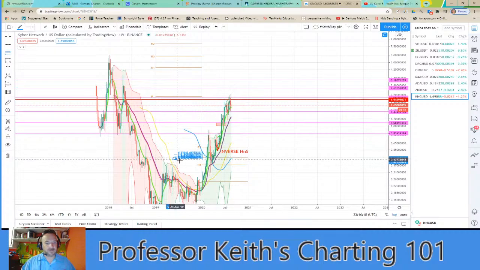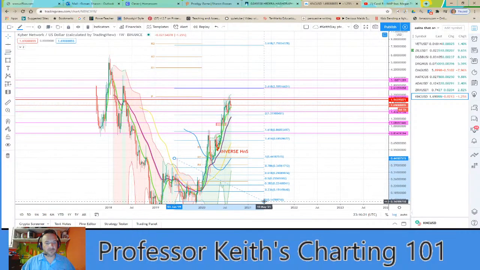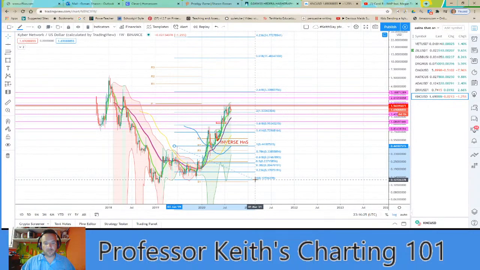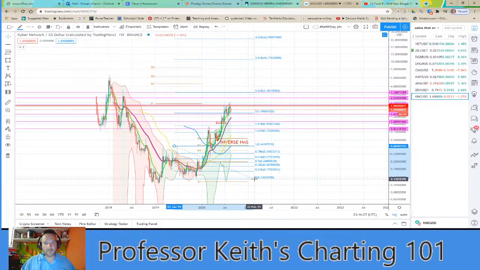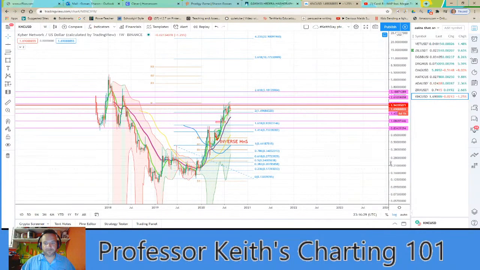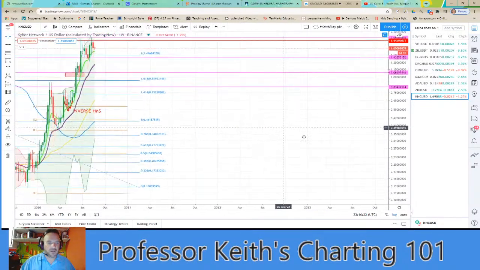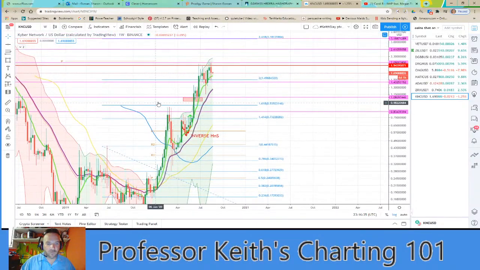Right in this area. Yeah, look, this one actually, I even wrote KNC did 140% of its overall move. It hit the 1414 like everybody else, like OMG did.